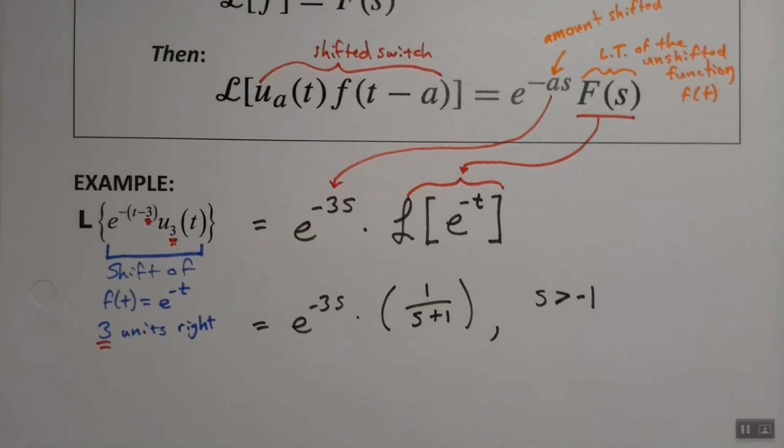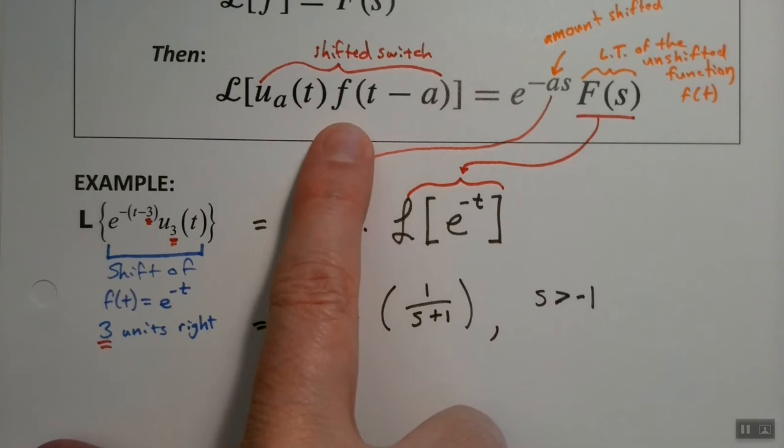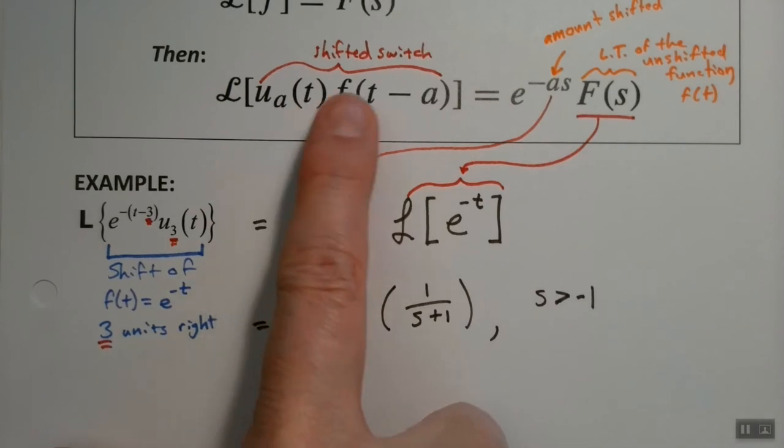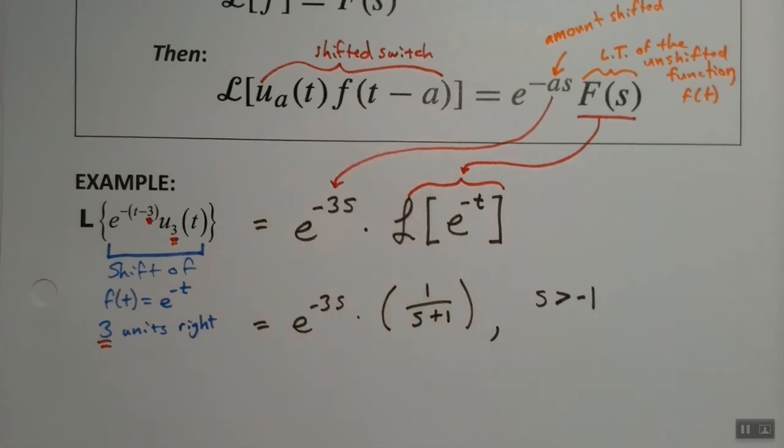So we can think of our shifted switch formula up top as a way to imagine, if you've got a shifted switch or the possibility of a shifted switch, making it so that this a value and that a value are the same, and being able to see what the unshifted function would therefore look like. We're going to see some examples of that.